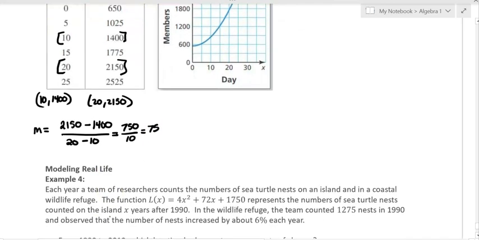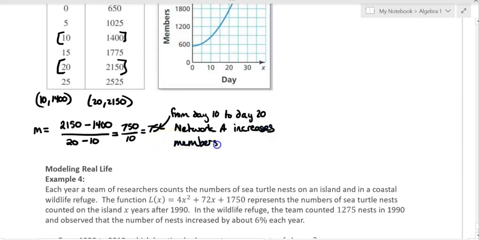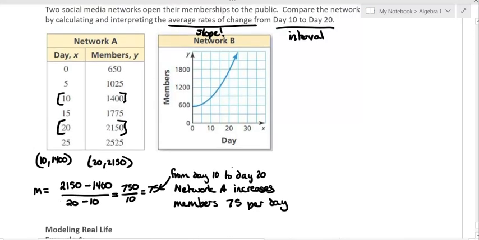And what that means specifically is that, not all the time, but specifically from day 10 to day 20, network A gains their memberships 75 per day. On average, it doesn't mean it was exactly 75, but basically overall each day they gain about 75 people. That's the average gain.